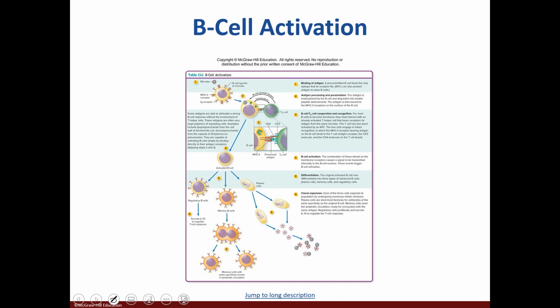There are two ways a B cell can be activated. They can be activated by antigen-presenting cells or by directly binding to the antigen, as we see here. The B cell engulfs the microbe and displays the antigen to a helper T cell in MHC2.